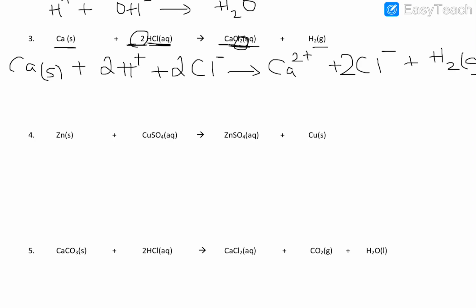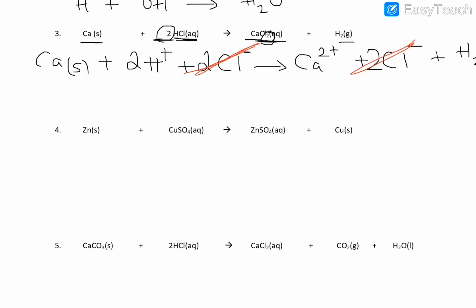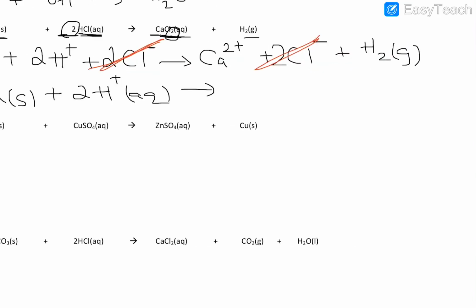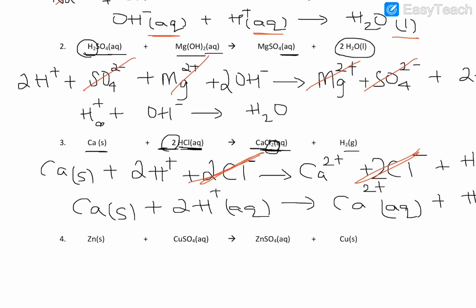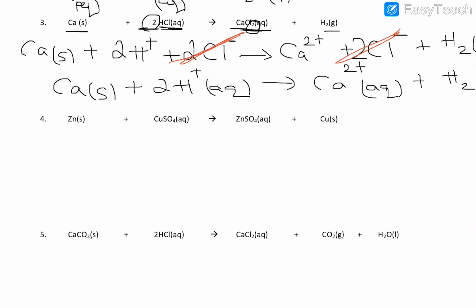So what is common here is the Cl minus, so this will cancel out, and then everything else will remain there. 2H plus aqueous, giving Ca2 plus aqueous plus H2 gas. Do not forget to include the state symbols. So here it's aqueous, and liquid.